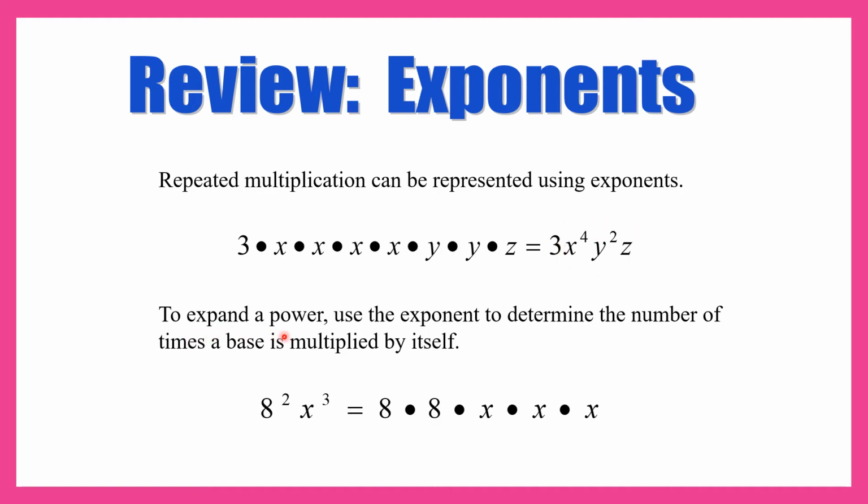To expand the power, use the exponent to determine the number of times a base is multiplied by itself. So like 8 squared x cubed means we will multiply 8 twice and x 3 times.